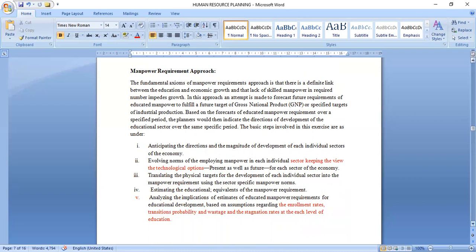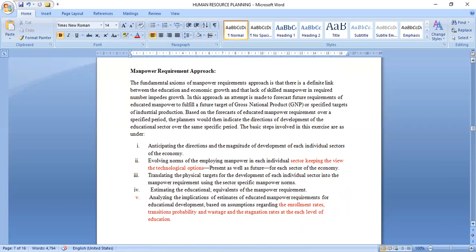So with the manpower approach of educational planning, remember that there is a definite link between education and economic growth.